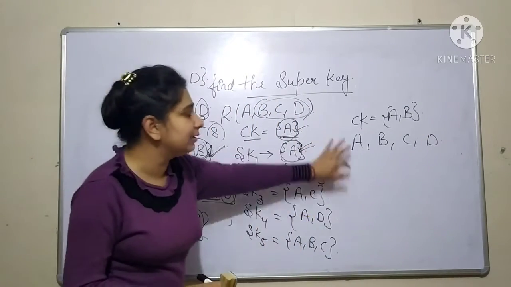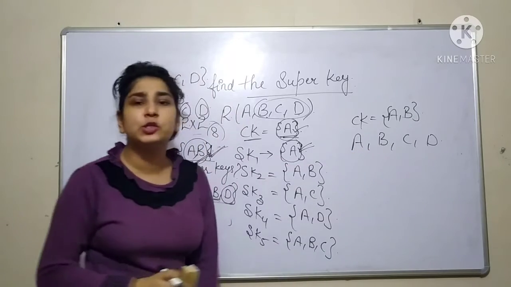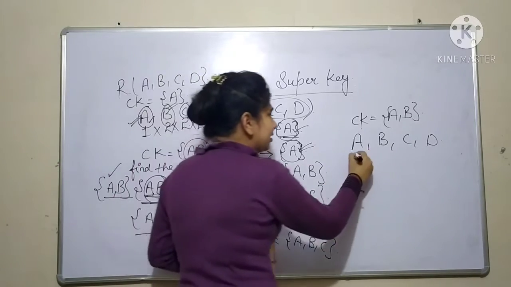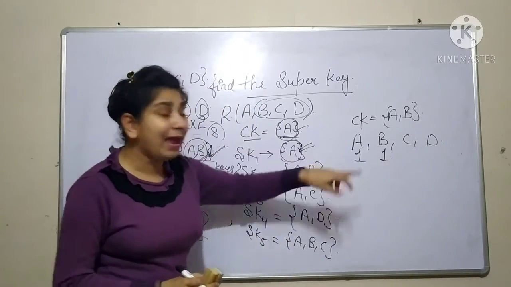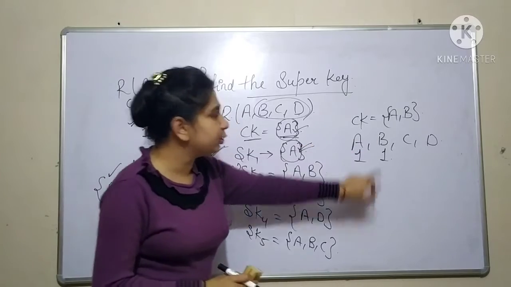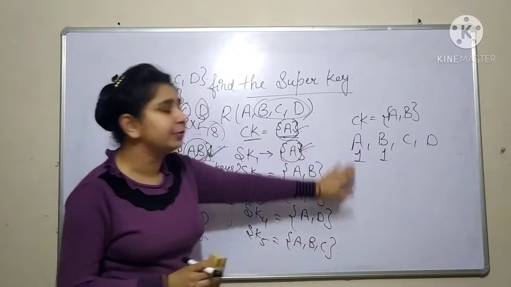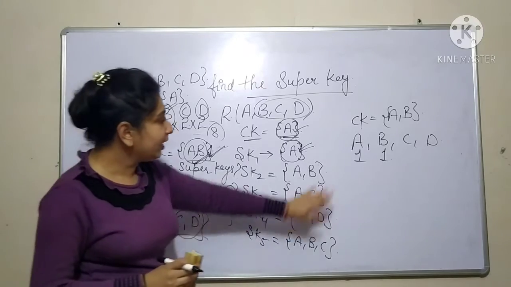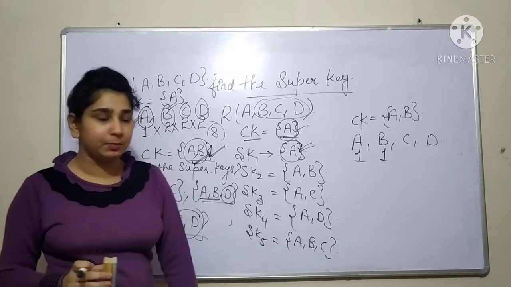What is the possibility for these two attributes? We have just one possibility. You have to definitely include these two attributes in the super key. You can't leave any attribute out of these two. So there is one possibility for these two attributes.